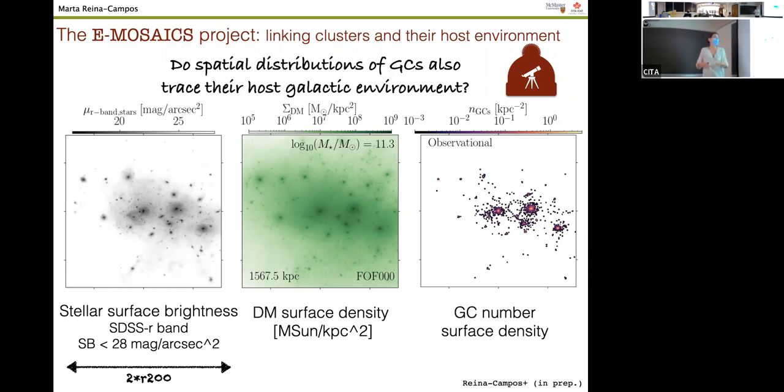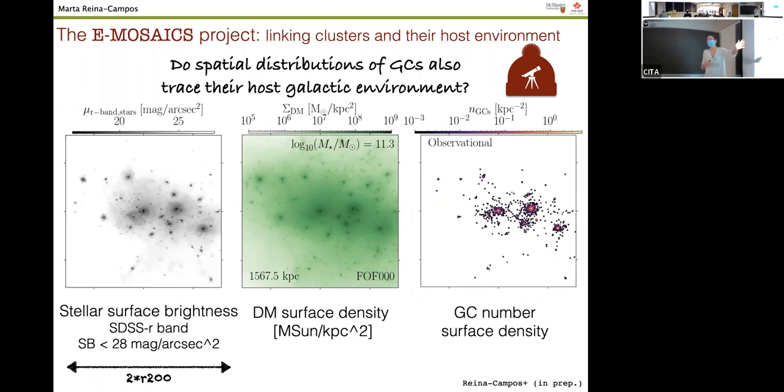And at the same time, I'm selecting the globular clusters within this halo with observational cuts that resemble what is typically done in surveys. So I'm selecting globular clusters to be brighter than the peak of the globular cluster mass function and to have certain color combinations so that they are old and massive, basically.